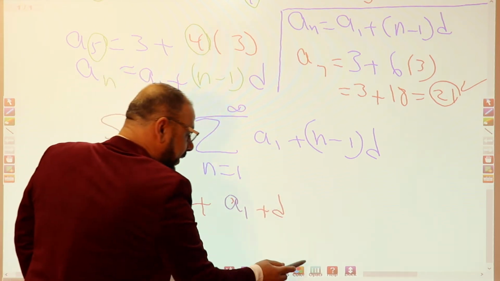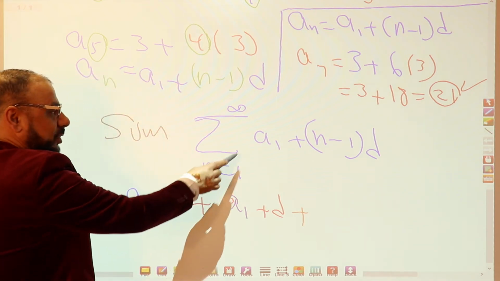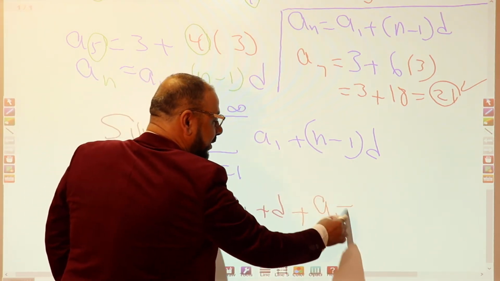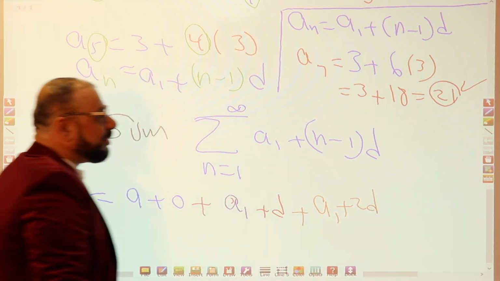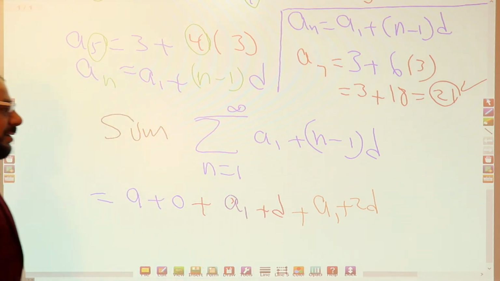For the third term, a_1, and 3 minus 1 is 2, so 2d, which is what we had before. Then we can break down the sum to this one.